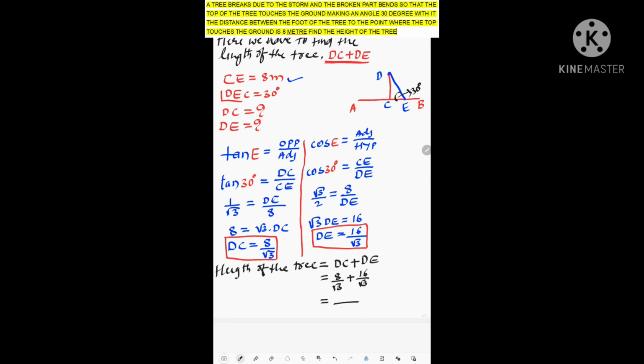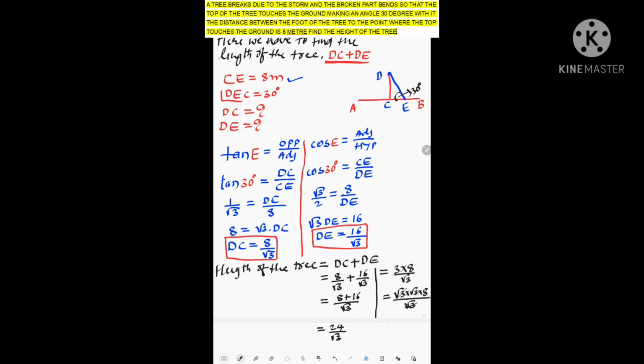Now the denominator is root 3. 8 plus 16 is equal to 24, so 24 by root 3. 3 can be written as root 3 into root 3, so 24 by root 3 is root 3 into root 3 into 8 divided by root 3.